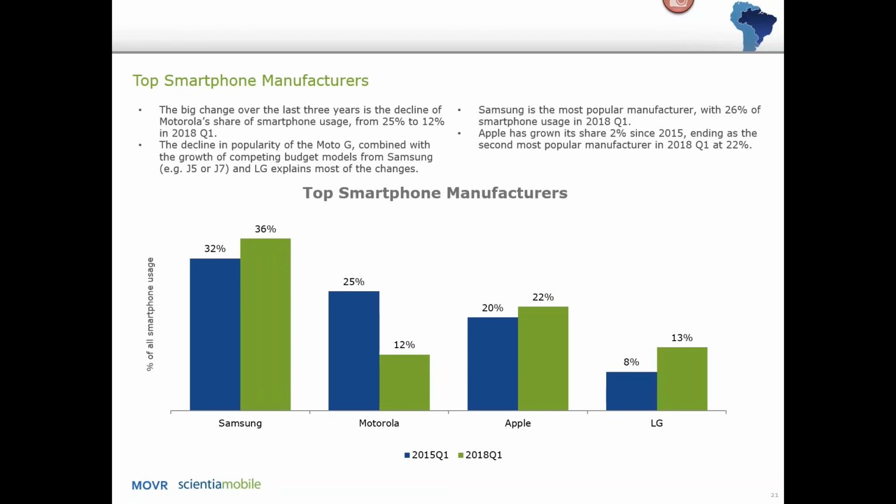But many of the budget models for Samsung, the J5 or the J7, or LG's likewise budget models, have really taken away some of Motorola's share. Apple, in this case, has continued to moderately grow in this area in Brazil, moving from 20% up to 22%.